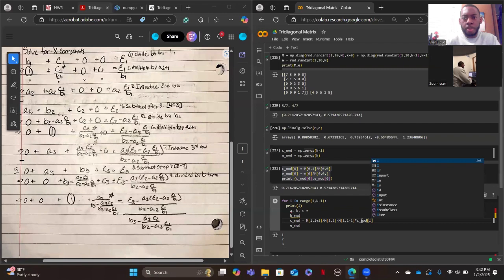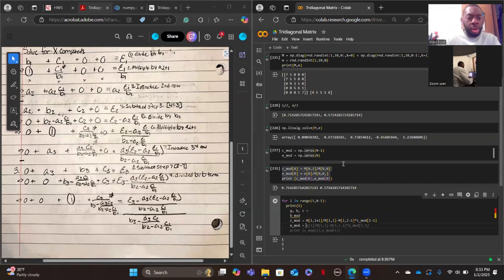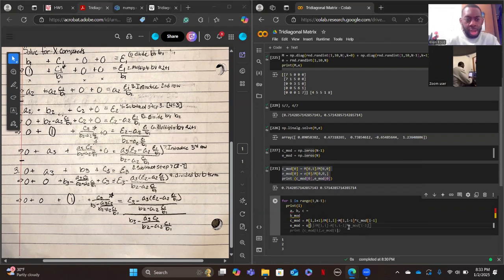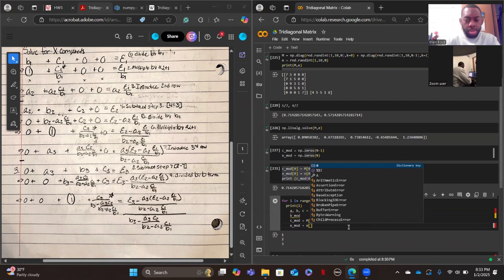Well, I is at 1, so it'll be I minus 1 at our initial position. Yeah, so I minus 1. Okay. And our E, we have that here as well. It'll be this bad boy right here, so it'll be E2. So E at I plus 1.